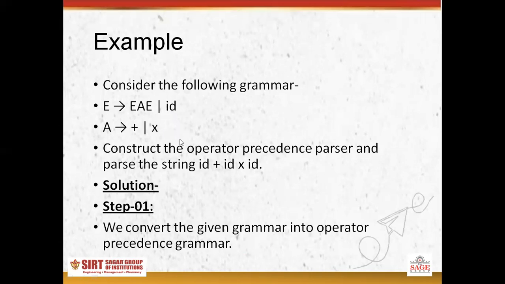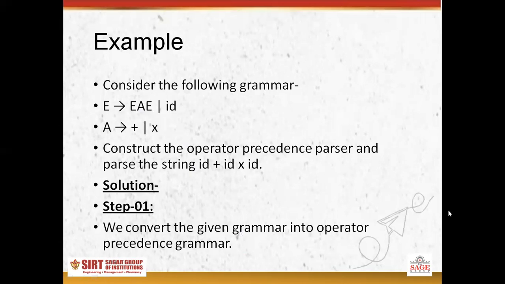First we convert it into operator precedence grammar, because in the given grammar, as we are seeing, three non-terminals are continuously here. So first we have to put a separator or a terminal between them, and then the grammar is converted into operator precedence grammar.